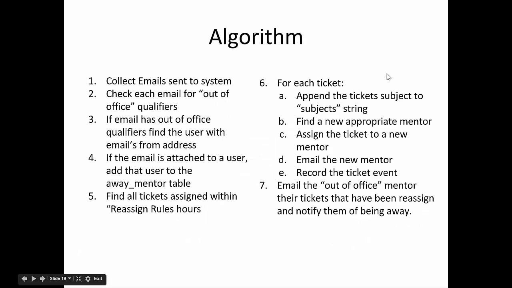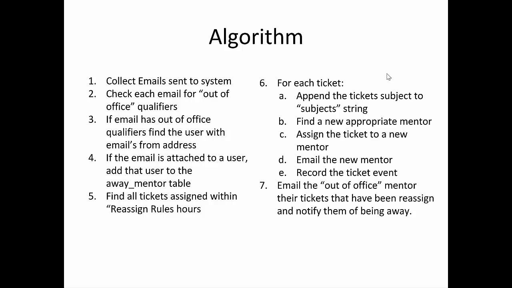To further explain the algorithm behind the email listener, I will present it here. First, it collects all the emails sent to the system. Then it checks each email for out-of-office qualifiers. If an email has an out-of-office qualifier, it finds the user with the email's from address. If the user is already on the away mentor list, it deletes the email and skips on. If the email is attached to a user, add that user to the away mentor table.